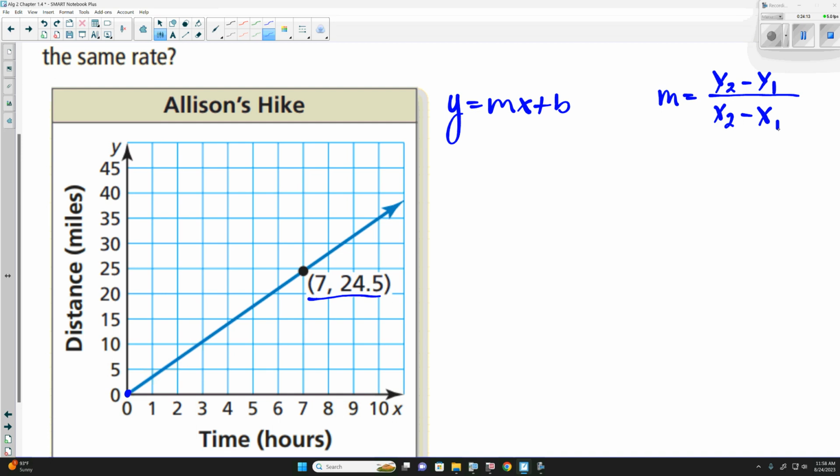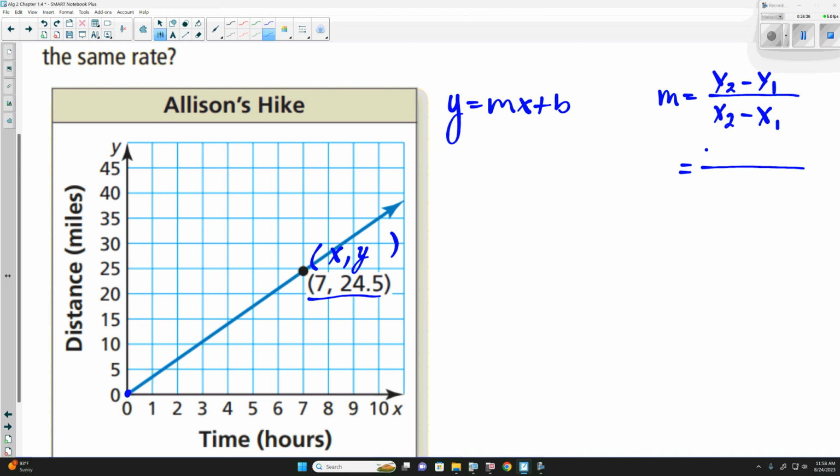So calculating the slope, what's one of our two y values? Almost. Because any point comes in the form of x comma y.